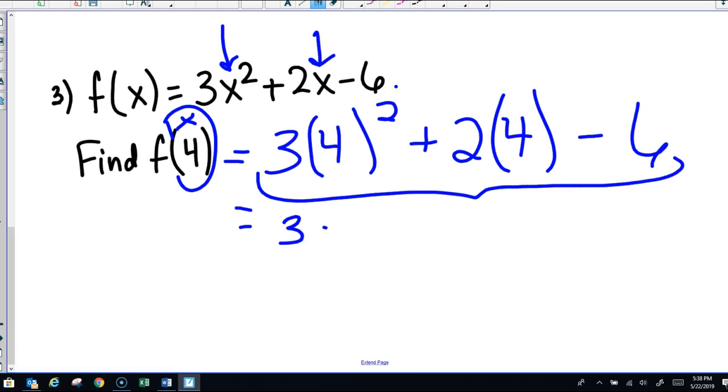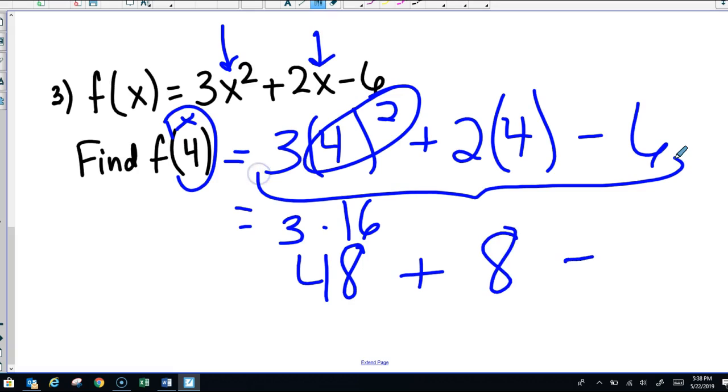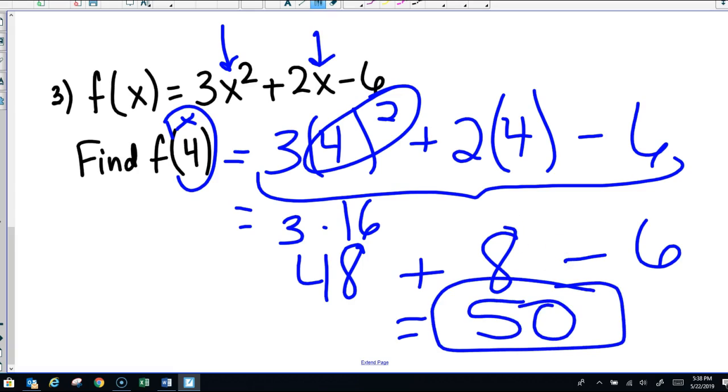So square it first, if you're not shoving it straight into a calculator. 3 times 16, 48. Plus the 2 times 4 is 8, and then minus 6. So 48 plus 8 is 56, and then minus 6 equals 50. So f of 4 equals 50. When x is 4, y is 50.